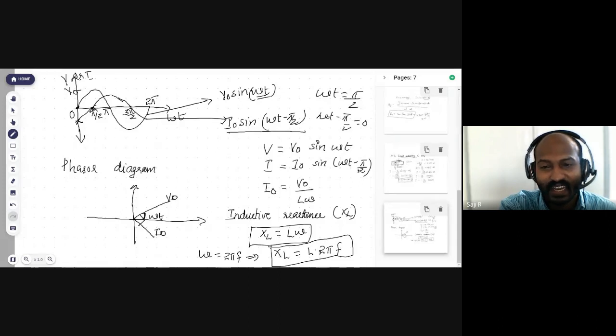But this inductor cannot be used in a DC circuit for reducing the current. Why? In a DC circuit, the frequency is zero, so no reactance. Or in another way, in a DC circuit there is no change in current, so no back EMF will be there, so it will not oppose the current. Got it?